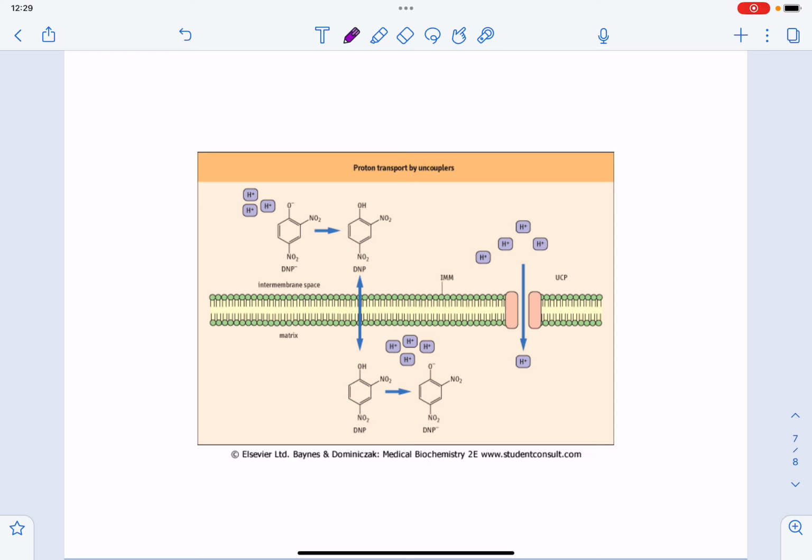Now look at this. This is the drug 2,4-dinitrophenol. How does it act as an uncoupler? It can easily pass through the mitochondrial membrane.